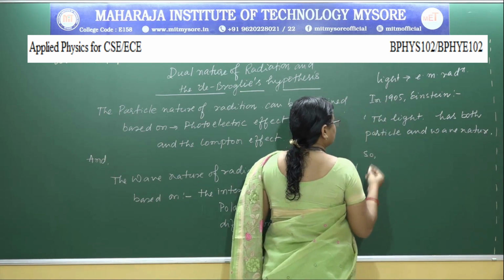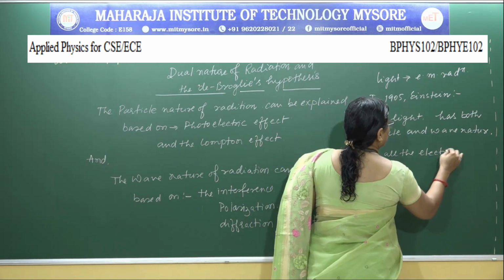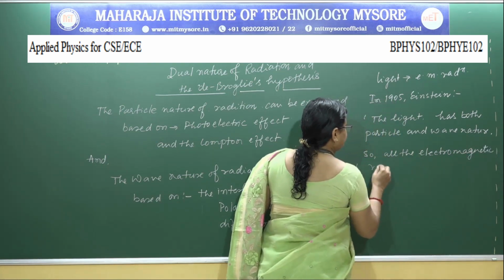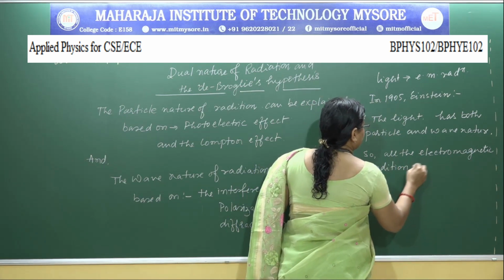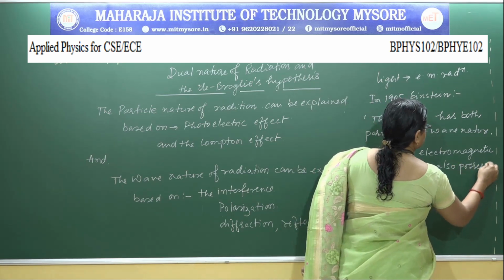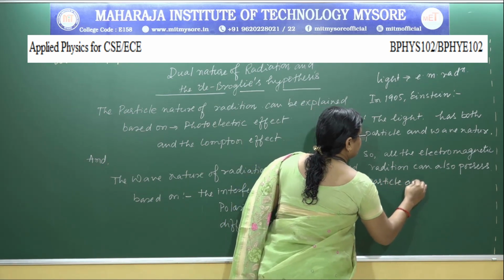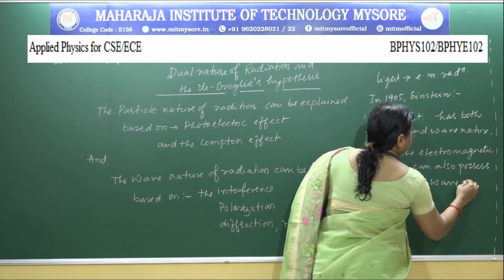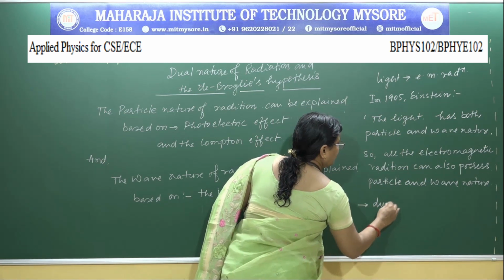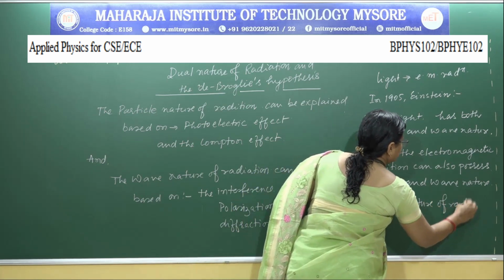So, all the electromagnetic radiations can also possess particle and wave nature, and this phenomenon was known as dual nature of radiations.